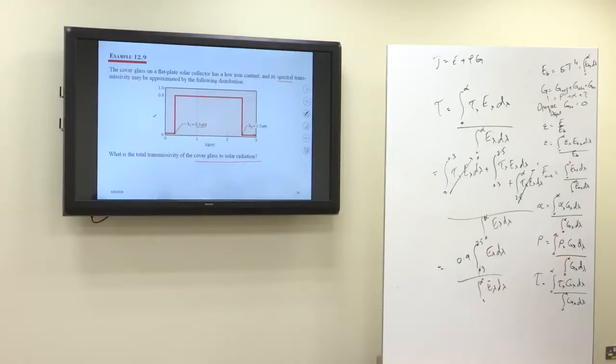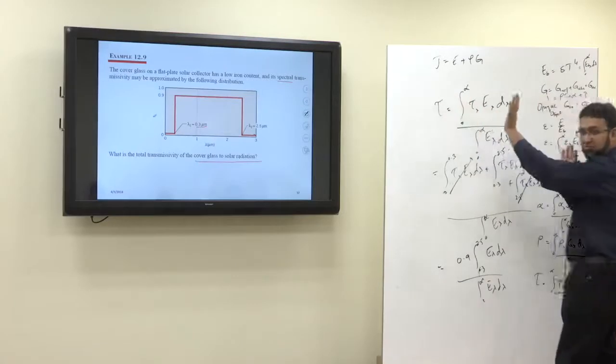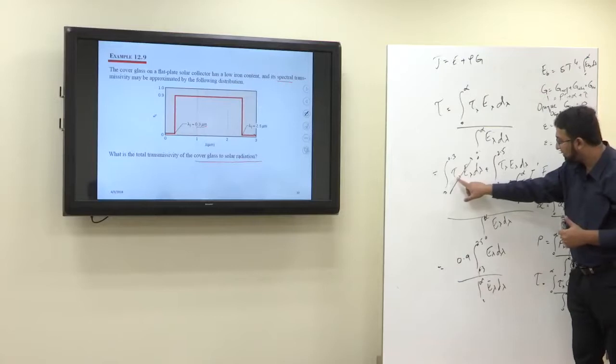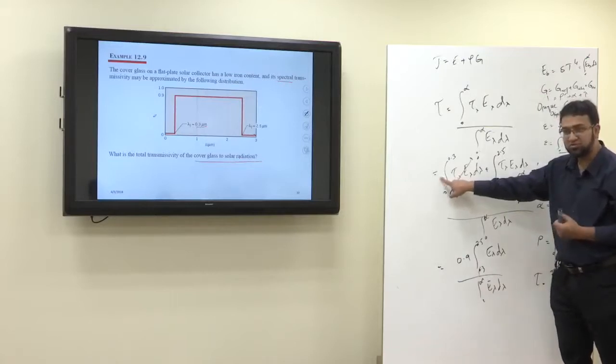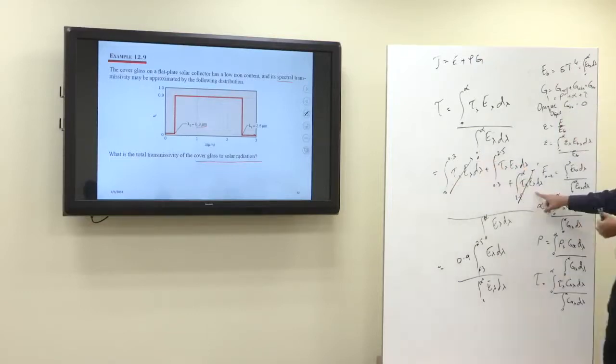Is this step clear? What is the thing that is not clear? I just split this into three parts. Then I said this tau lambda will come out because it is constant, but it is 0, so it will cancel. Here, this is also 0, so it cancels.